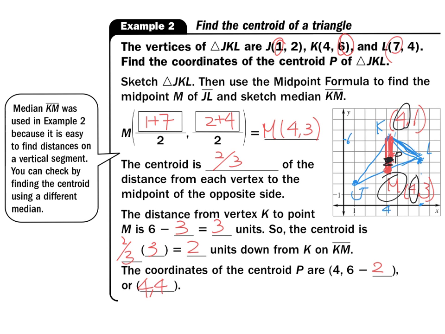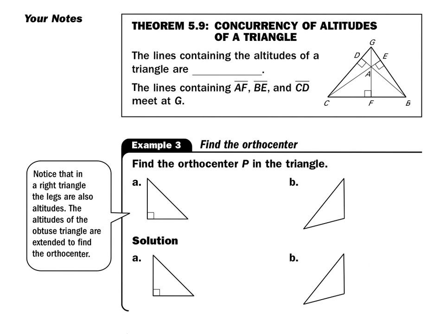And then from there, in order to find P, I use the total length, the 6 here, minus that 2 units I just found. So that's how I end up with the y coordinate for P is 4.